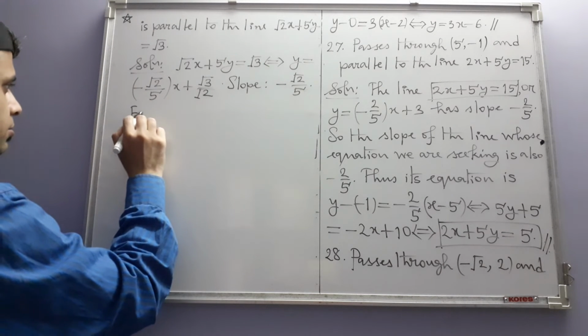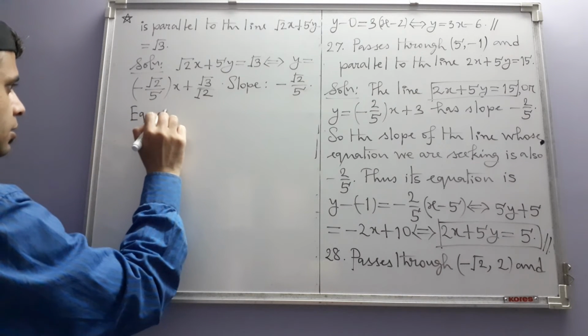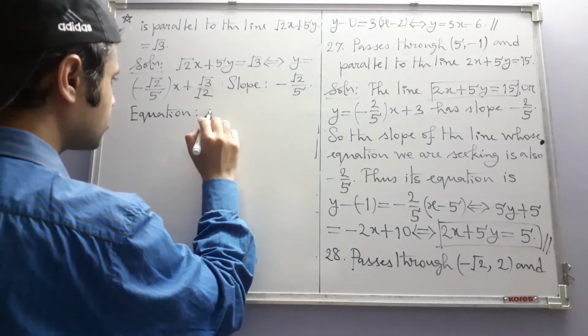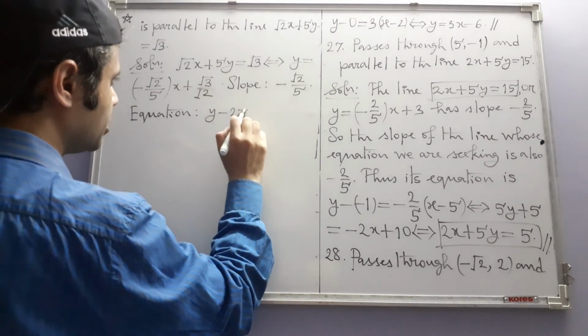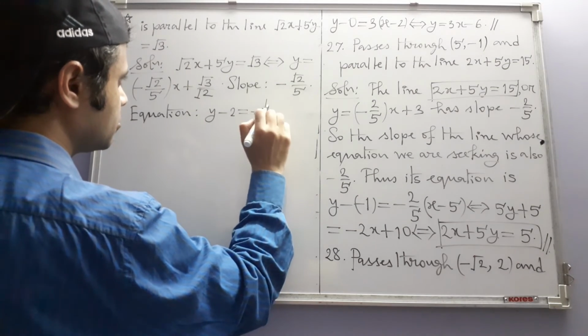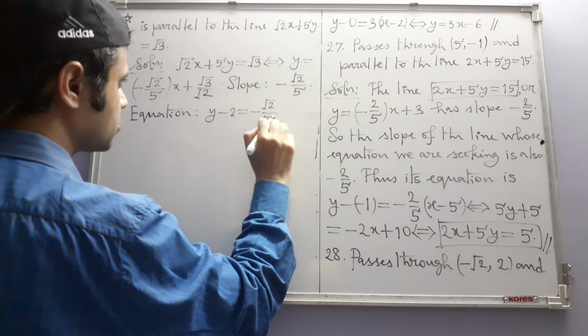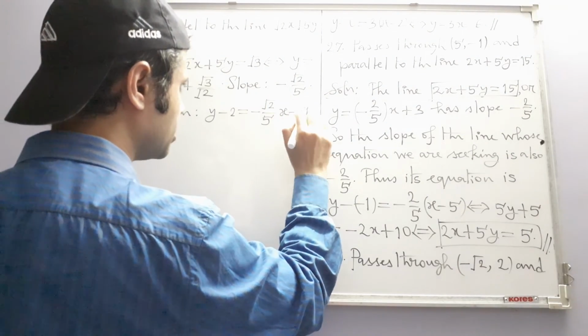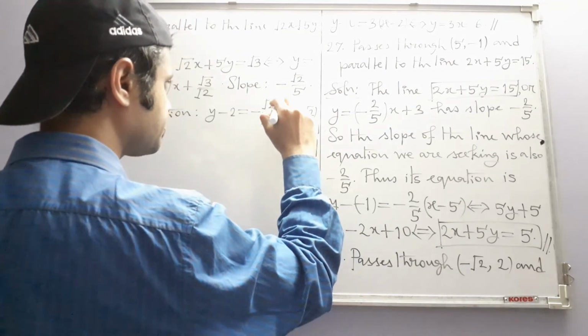So the required equation is this: y minus 2 equal to slope times x minus root 2.